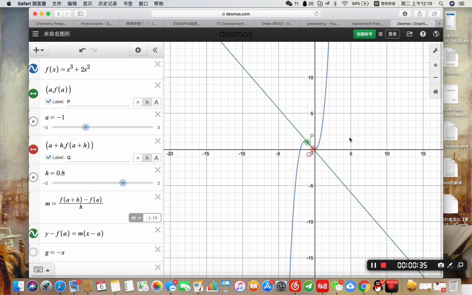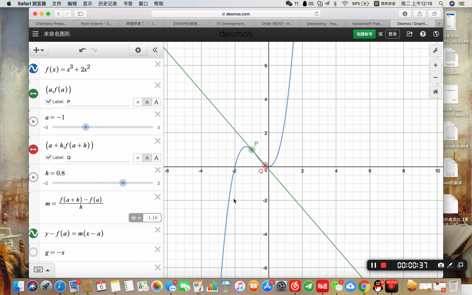I have an arbitrary function called f(x) here, shown on the desmos, because we need to show the connection between the secant line and also the tangent line at some random point on the graph.